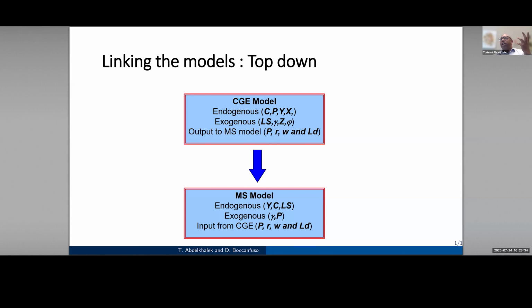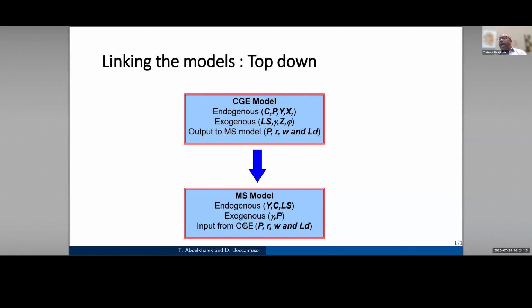So when we have a shock in the CGE model here, at the top level, there is a variation, as Shahir explained yesterday. We have the price change, the return on capital, rent, salaries, and labor demand, and with this variation, we get a microsimulation model. What is endogenous for each household is its income, consumption, and labor supply.